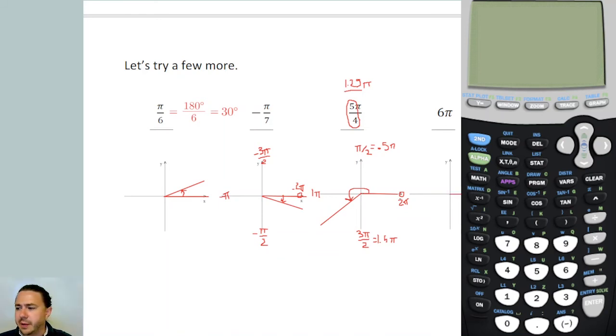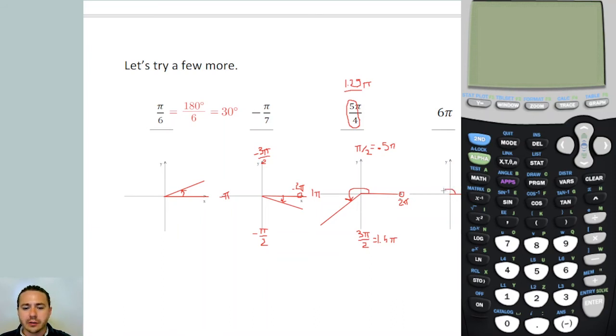Now let's look at 6 pi. Okay, 6 pi. What I would say is, let's count pi's. We're going to revolve, starting at the initial side, and keep track of how many pi's we pass through.